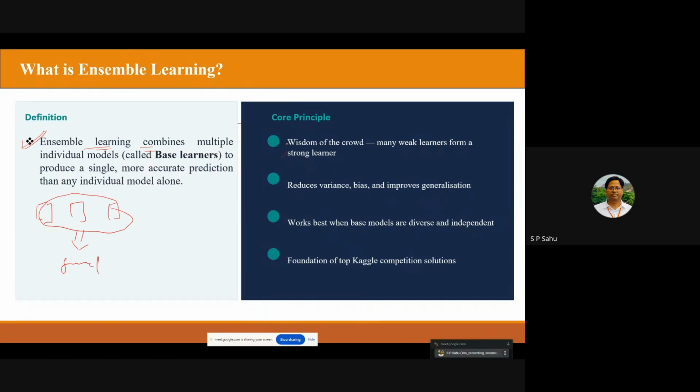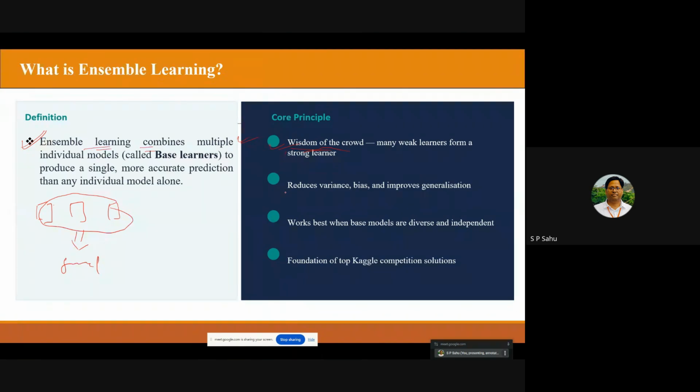You have seen a real example in KBC. Whenever a participant wishes to get a correct answer to the question asked by the organizers, there is the audience poll. The audience gives their answers based on their own wisdom, and based on majority voting, the correct answer is followed by the participant.